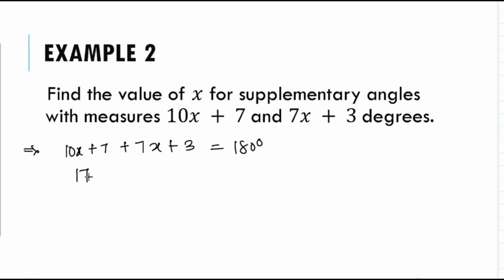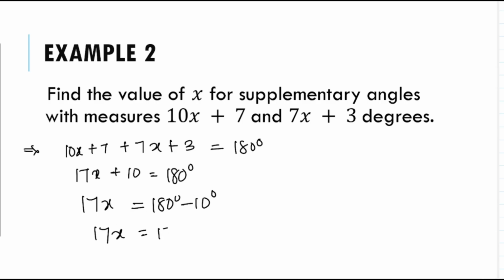If we collect the like terms, we have 17x plus 10 equals 180 degrees, and that will be 17x equals 180 degrees minus 10 degrees. So 17x equals 170 degrees. We divide both sides by 17. So 17 cancels 17, and we have 1.